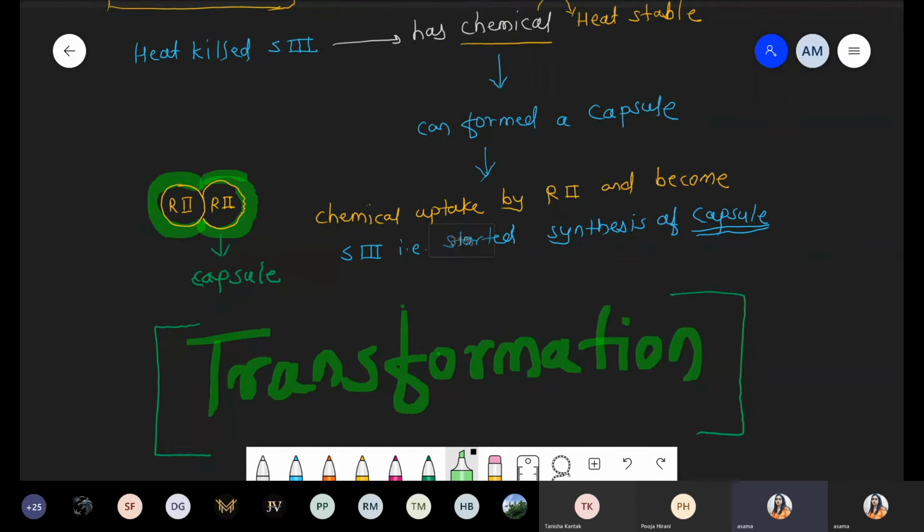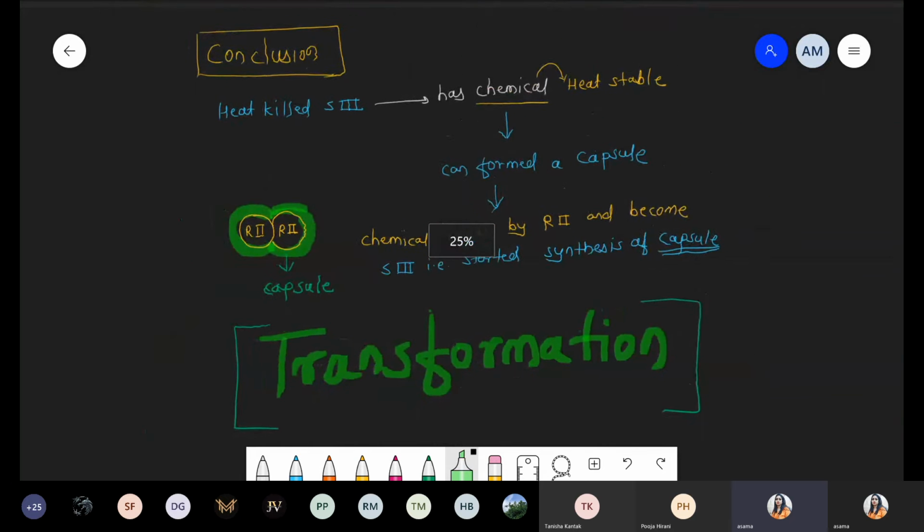So definitely with the help of the Griffith experiment we can prove the process of transformation, that is uptake of some part, that is the DNA part, from one bacterial strain to another bacterial strain. Got it? So is this information clear, everyone?